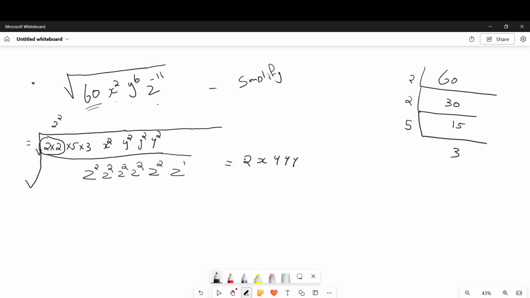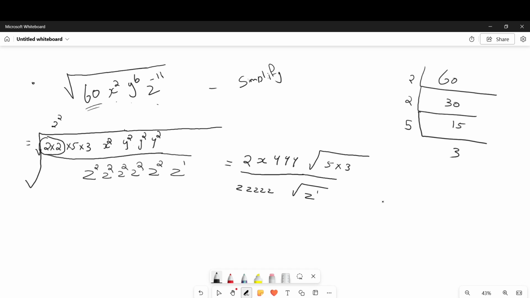Then from the denominator side, what can we pull out? There are 5 z squared, so we pull out z to the 5. Then what is left inside the square root symbol in the numerator? 5 times 3 is left, because we cannot pull it out, it's not a perfect square. What's left in the denominator side is z raised to 1.